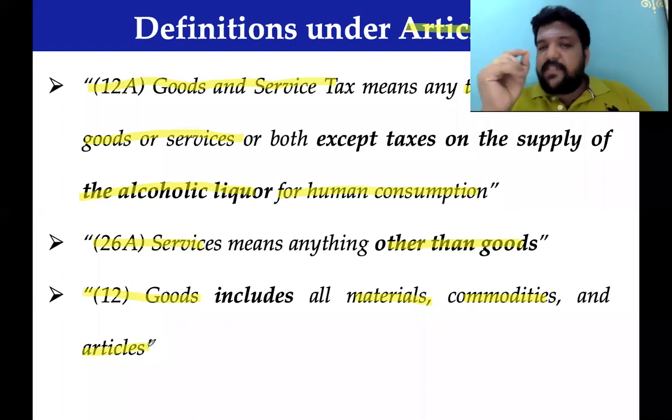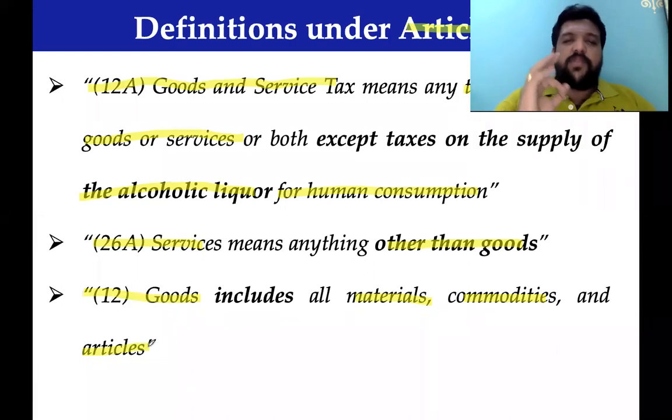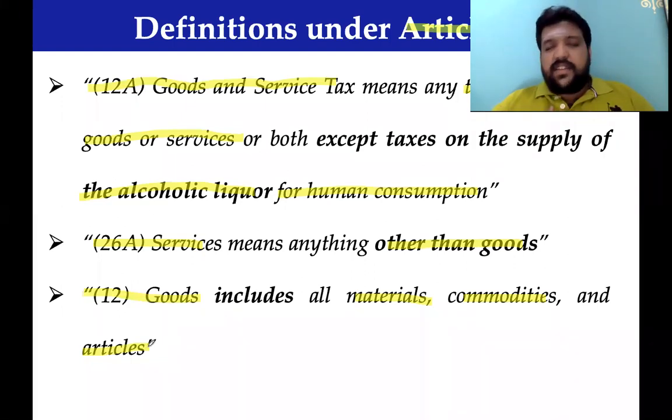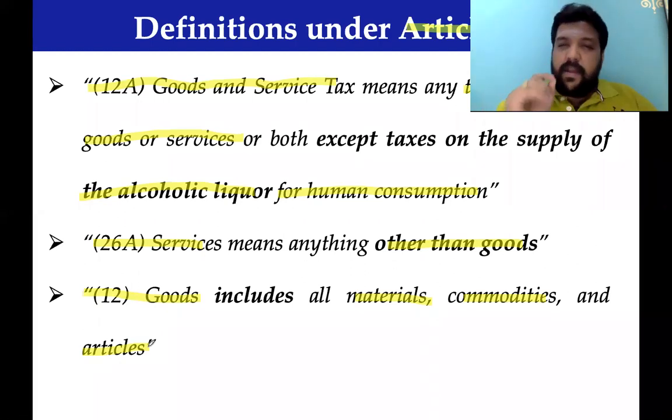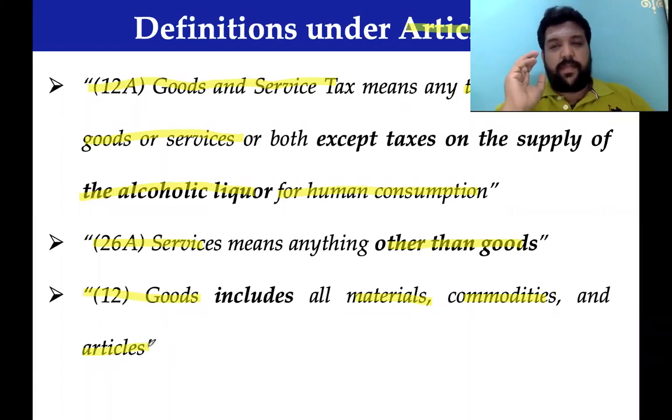To that extent, Article 366 says all goods, all services are liable to GST except alcoholic liquor for human consumption. So the takeaway is that liquor meant for human consumption is not liable to GST.